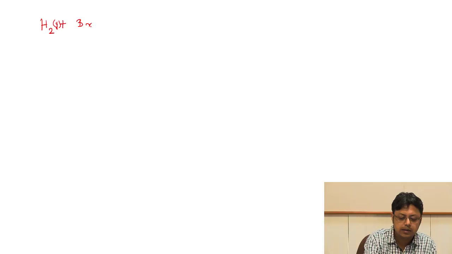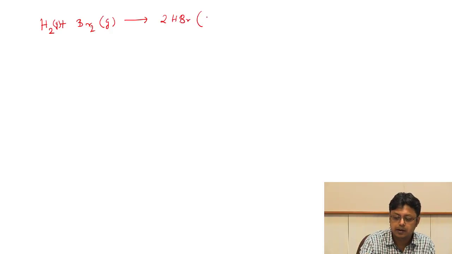If you remember, we also discussed a particular reaction which looks very simple, H2 plus Br2 both in gas phase producing hydrogen bromide in gas phase, but the observed rate law was fairly complicated. The rate, which is half d[HBr]/dt, we can write in terms of the products like this.